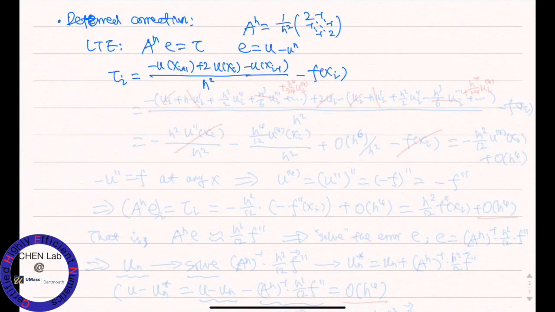And then we expand u(x_{i+1}) and u(x_{i-1}) around u(x_i).